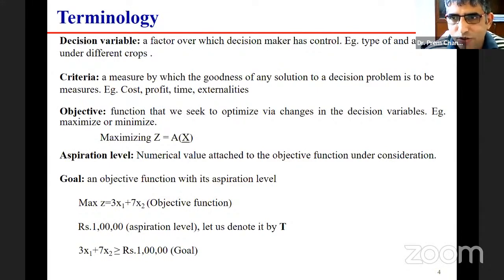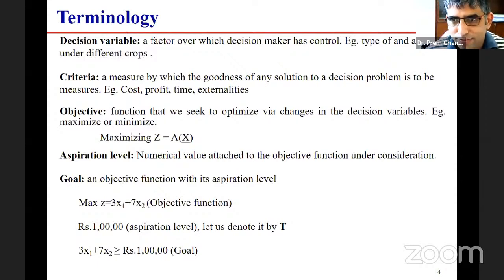This is the objective function we want to maximize. But when we attach a value of 1 lakh rupees to it, it is the aspiration level. We are targeted to bring it to 1 lakh rupees. So if I express 7x1 plus 7x2 is more than or equal to 1 lakh rupees, it becomes the goal.